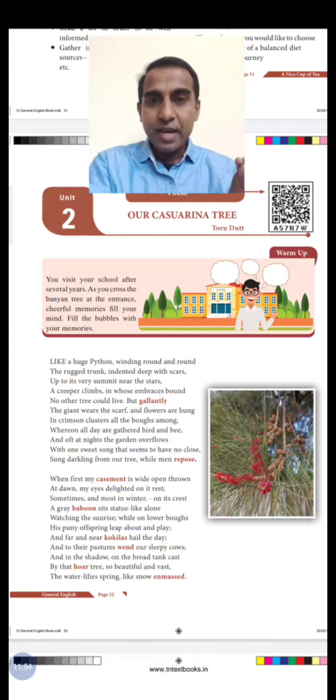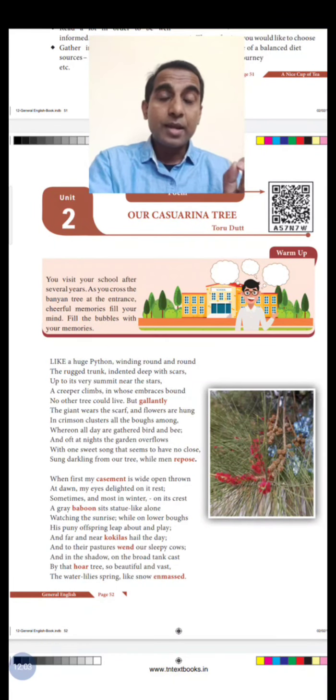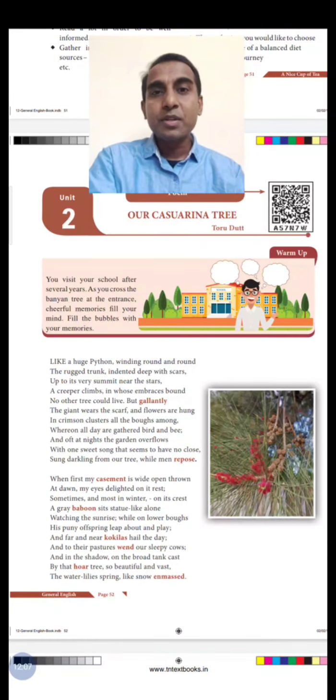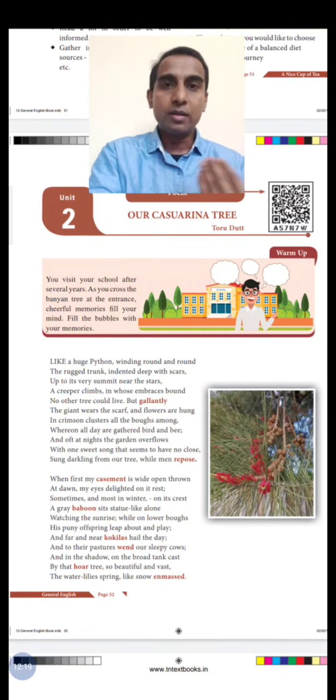The poet says that the tree has been used by the creeper like a python going round and round the trunk, and no other tree would have been able to bear the scar mark which the creeper gave. But maybe out of its own love, the Casuarina tree would have loved to have that scar mark, the creeper going round its trunk.